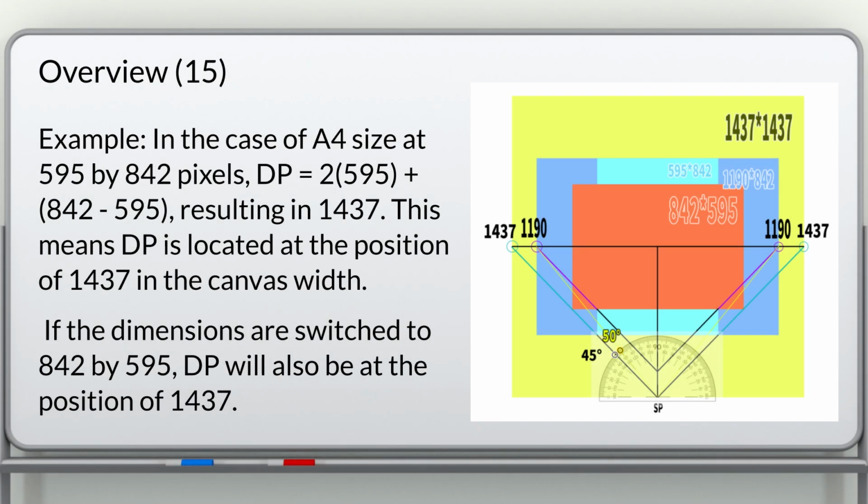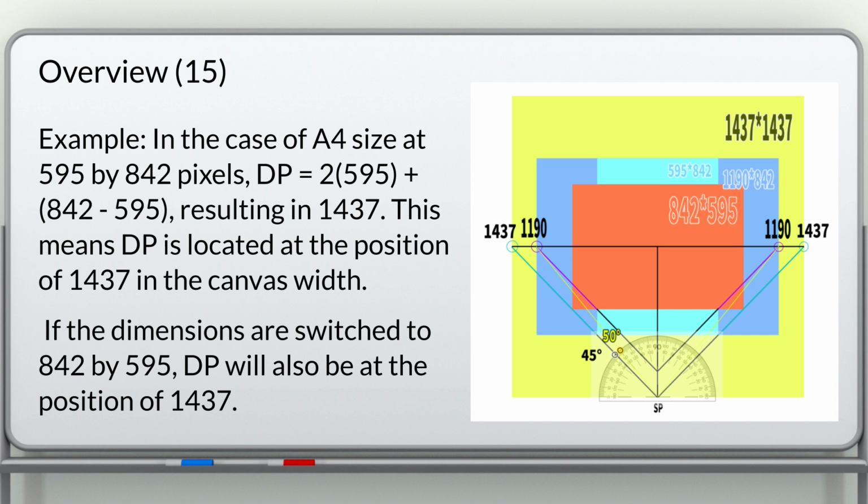Example. In the case of A4 size at 595 by 842 pixels, DP equals 2 times 595 plus 842 minus 595, resulting in 1437. This means DP is located at the position of 1437 in the canvas width.